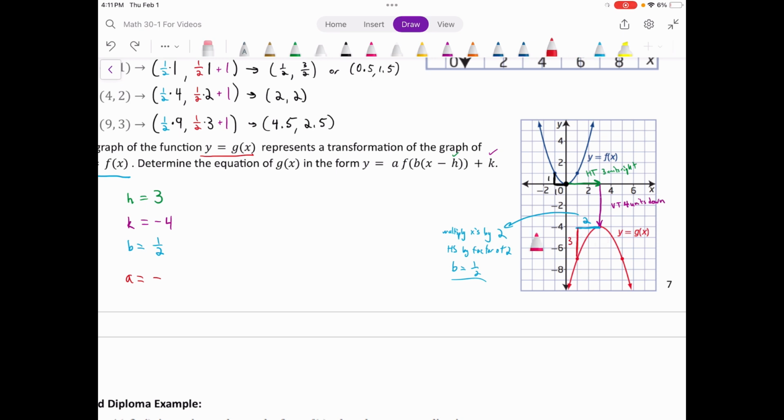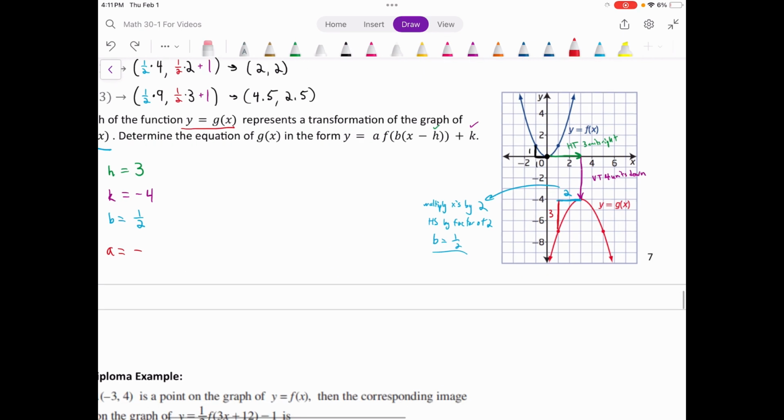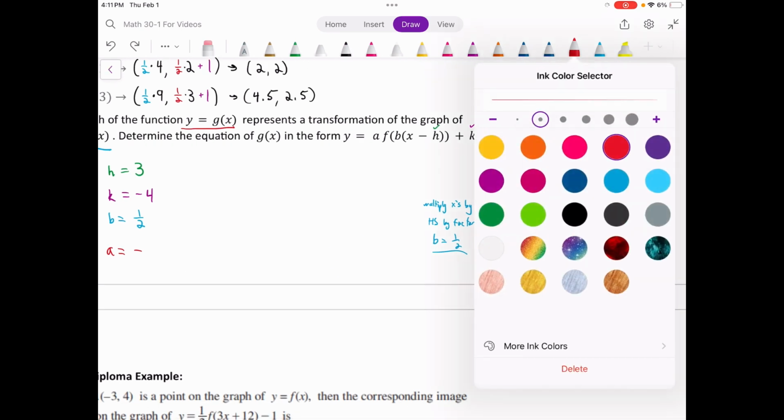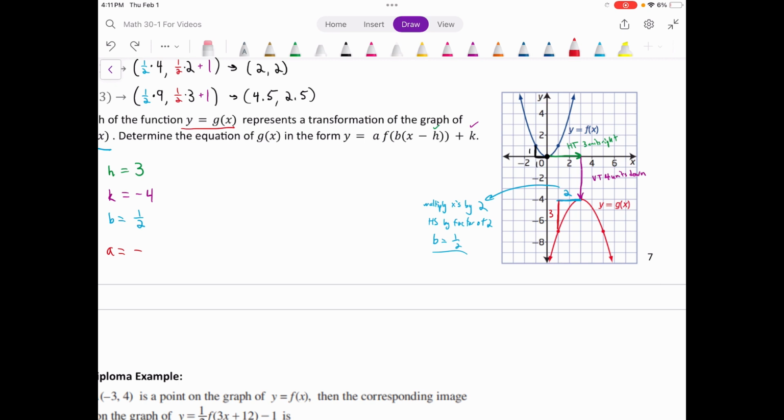So we took care of the 2 wide part. It's been horizontally stretched by a factor of 2, so b is 1/2. And now we can also see it's been vertically stretched. It's now 3 times taller, right? The y's must have been multiplied by 3. So our vertical stretch was by a factor of 3.